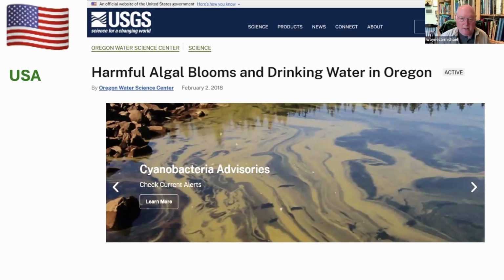First one being the one here in Oregon, drinking water. This is the bloom on Detroit Lake Reservoir in 2018. Notice that it's not your typical blue-green, but a brownish orange. This was Anabaena, or more properly now called Dolichospermum, producing microcystins and anatoxin-a.